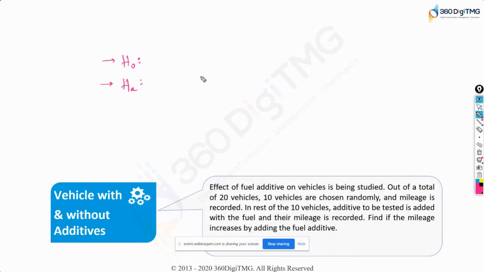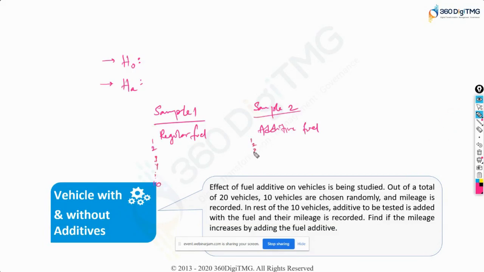have two samples here, sample 1, sample 2. Sample 1 basically says the regular fuel mileage. Sample 2 basically says the additive fuel. Right? And mileages are recorded 1, 2, 3, 4, so on and so forth, 10.